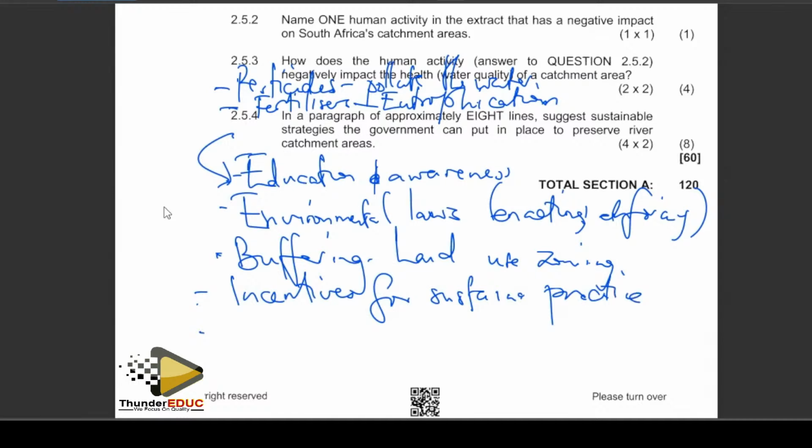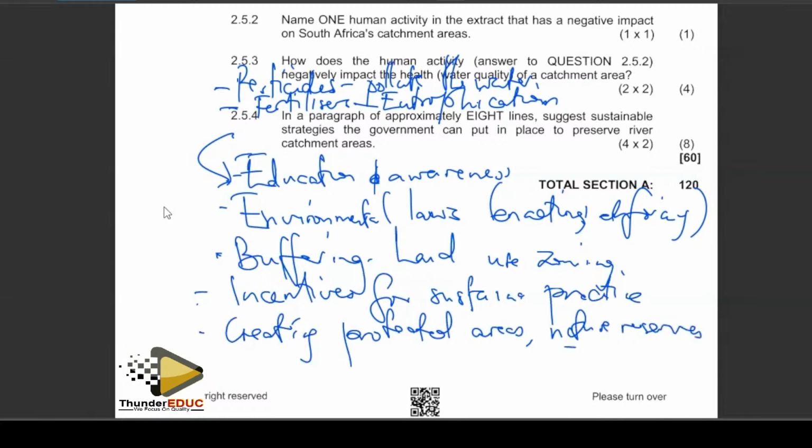We can also talk of creating protected areas, like the nature reserves, so that people do not have easy access to those areas where we have catchment areas of our major rivers. We make them protected areas, and those areas must be strictly controlled, and people should not have access to them.